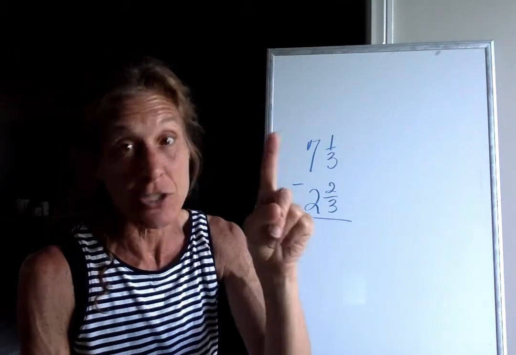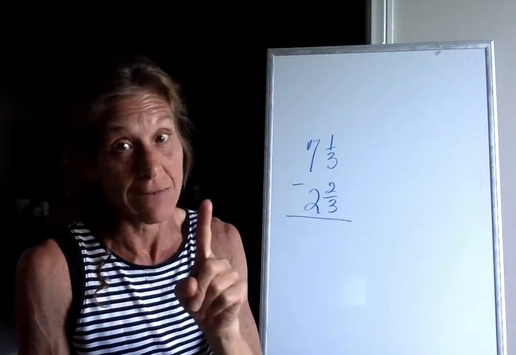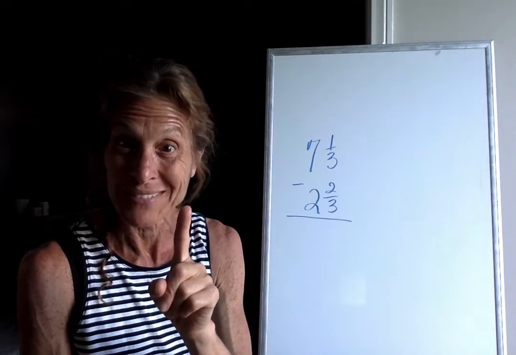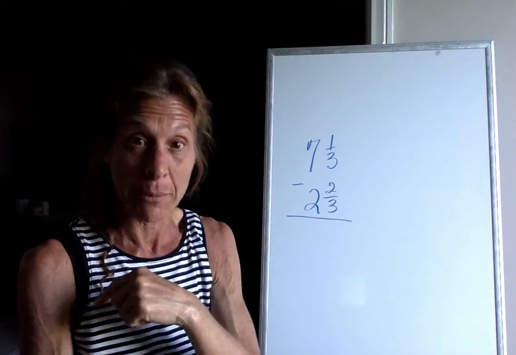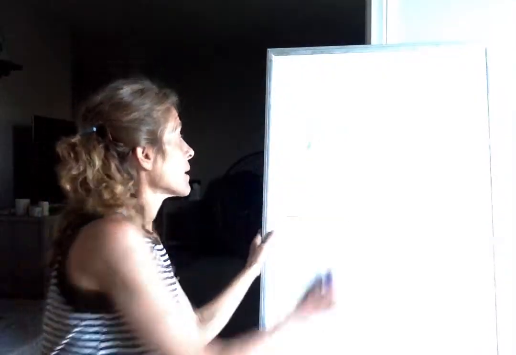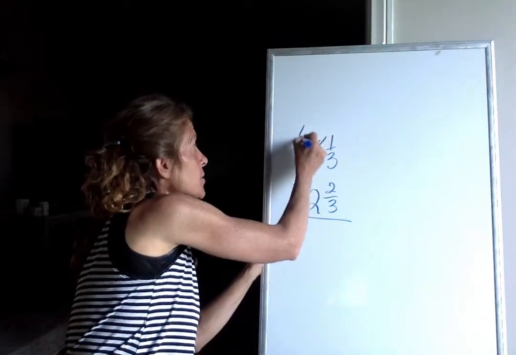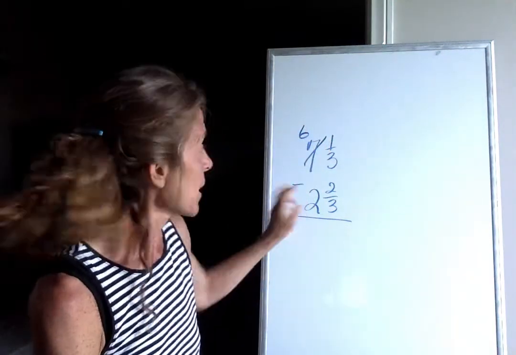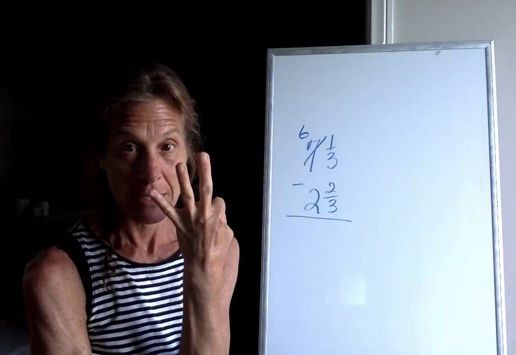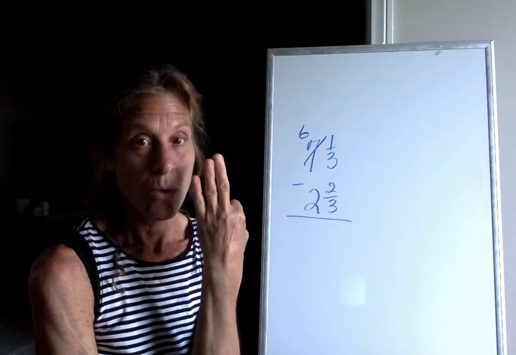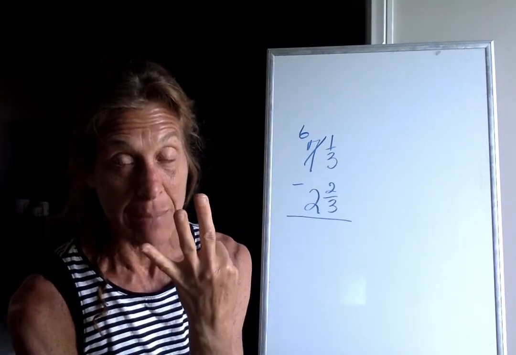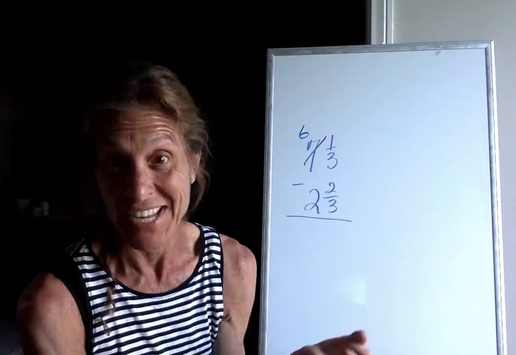I can't in regular subtraction, and I can't in fraction subtraction. I need to borrow. So I'm going to borrow from the whole number next door, which is 7. Now, borrowing turns that into a 6. What's my common denominator? 3. What's a fraction that makes a whole that has a 3 on the bottom and a 3 on the top? I just told you the answer.